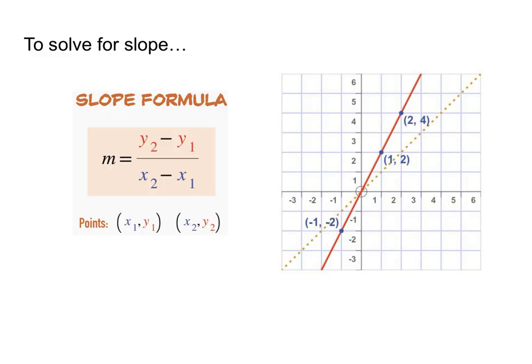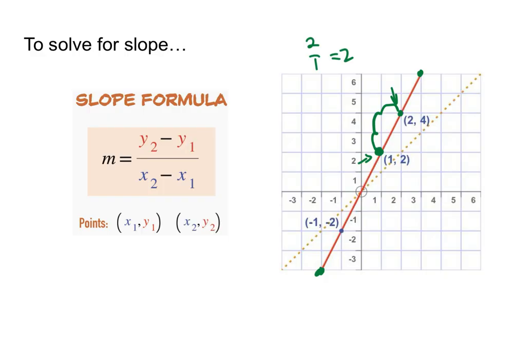So when I look at the lines I have here, we'll just consider the solid line first, this one right here. So I've got 1, 2, and 2, 4. So going from this point to this point, I'm going to go up 2 over 1. So my slope is going to be 2 over 1 or just 2.